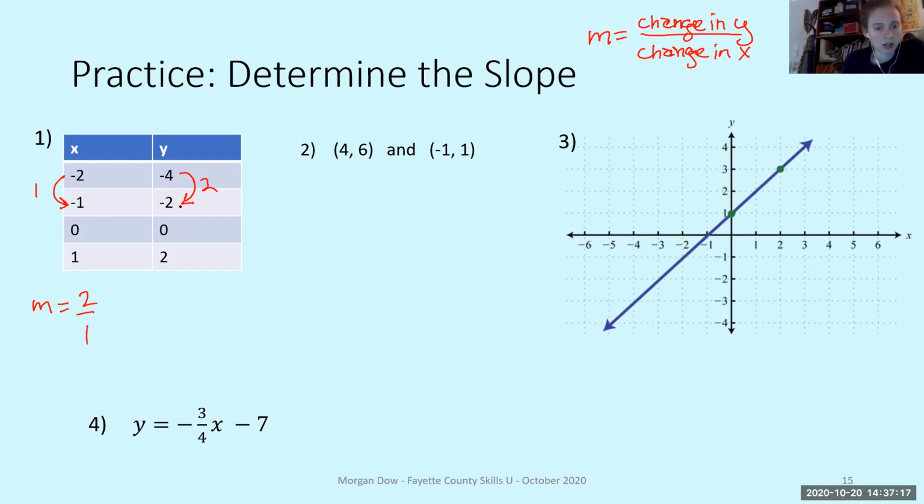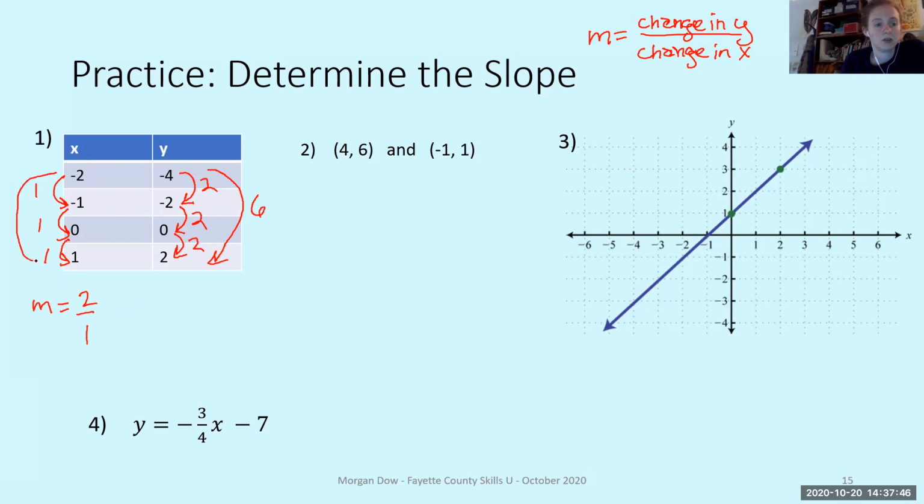But let's check and make sure that we get the same thing each time. So -2 to 0 is an increase of 2. -1 to 0 is also an increase of 1. So I got the same thing. And I will get the same thing again if I keep going. Even if I picked different points, so if I went from -4 to 2, I would get an increase of 6.